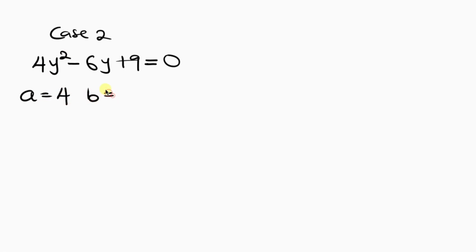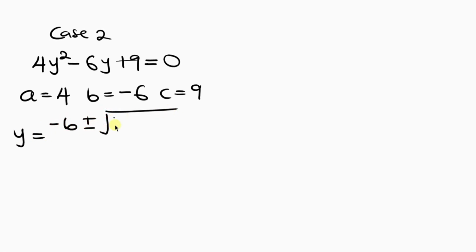Our b is the coefficient of y, which is negative 6. And our c is the constant term, 9. Since we're looking for y, our quadratic formula will look like y equal to negative b plus or minus the square root of b squared minus 4ac all over 2a.